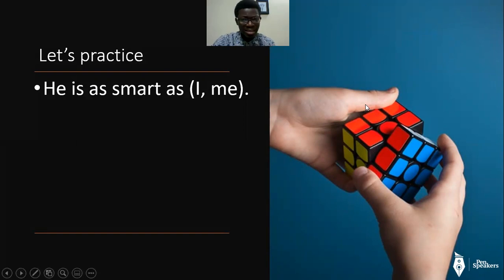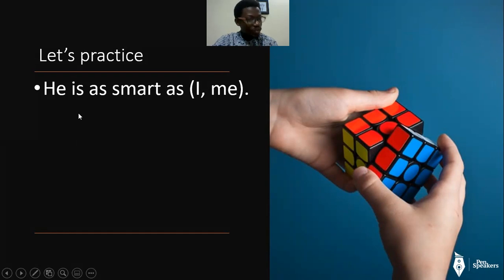And also, if you remember that trick where I told you that every pronoun that has the letter M in it is definitely an object pronoun, therefore, you know that me is the object pronoun. So we know that I is the subject pronoun.